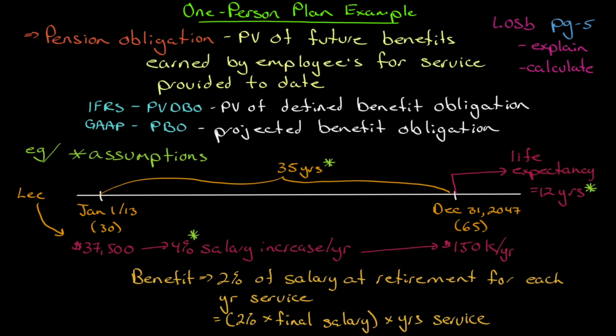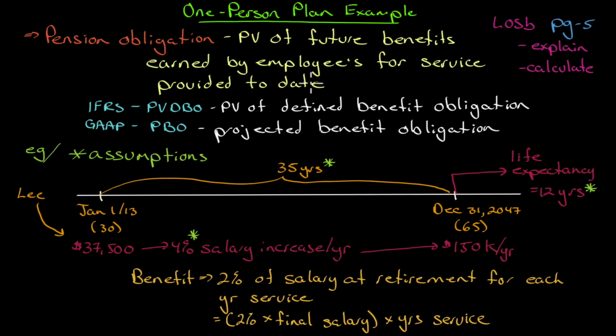So let's have a look here. The pension obligation, there's a big word. Let's make sure we understand what that is. That's the present value of the future benefits earned by employees for service provided to date. So if an employee works for 1 year, there is a certain obligation that's owed so many years in the future when that person retires. Well, that obligation will have a certain life.